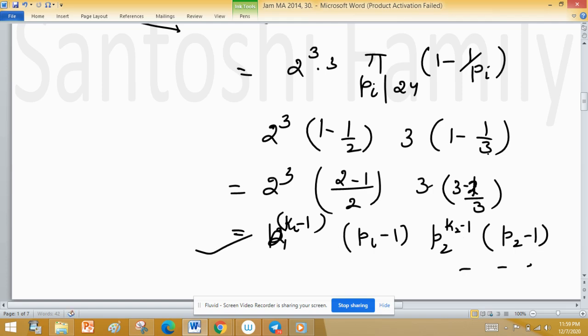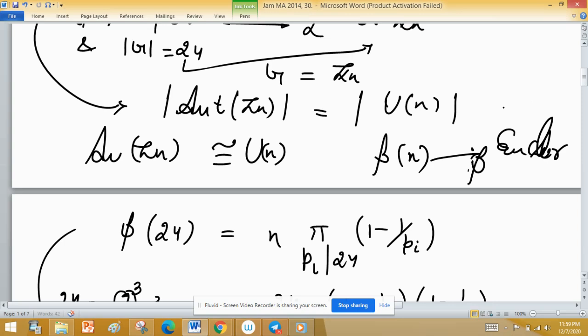So this is another form of the Euler function you can use, and this is a convenient form.